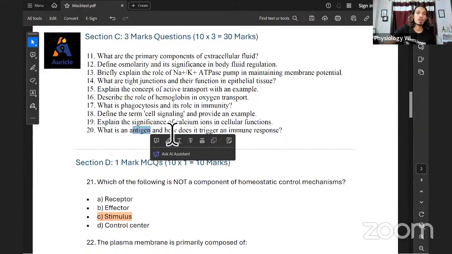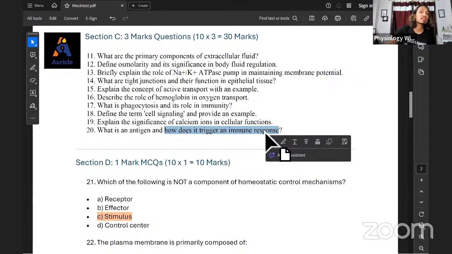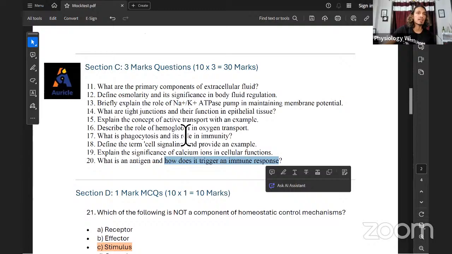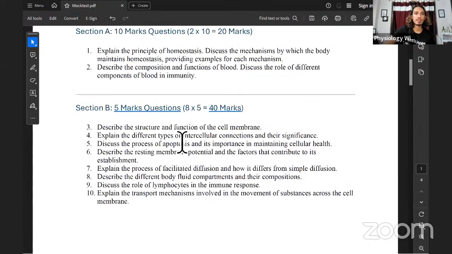Okay, and how does this happen? Earlier, again, the same thing I was explaining to you. Your antigen presenting cells, then helper T cells. Okay, and either through the humoral pathway or cytotoxic pathway, how it mediates. So it's actually a repetition that is coming. Okay, so that is how you describe that.